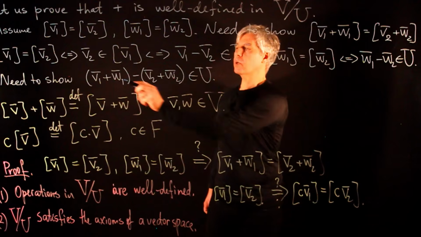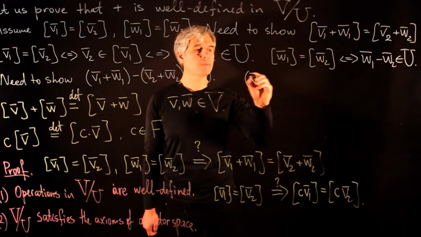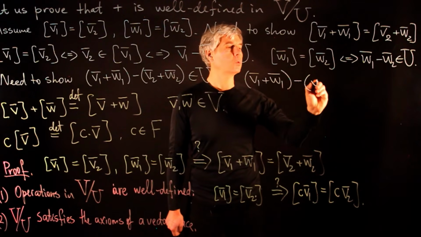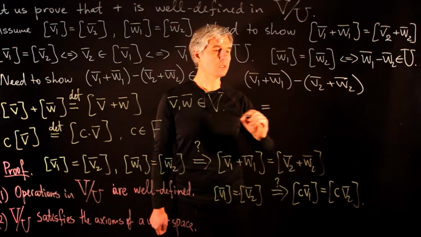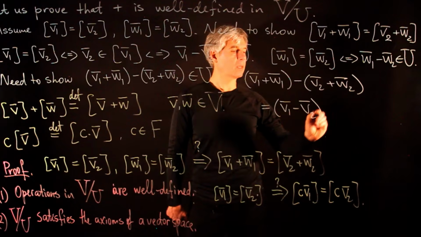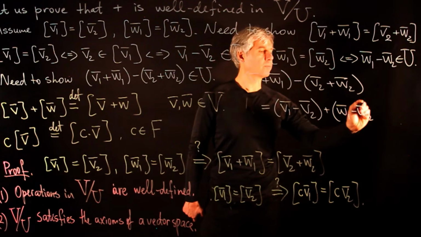But now let us look at the left-hand side here. We have v1 plus w1 minus (v2 plus w2). This equals v1 minus v2 plus w1 minus w2.